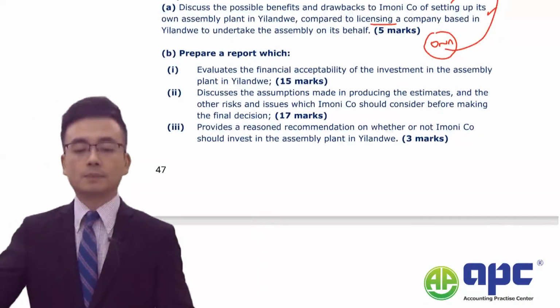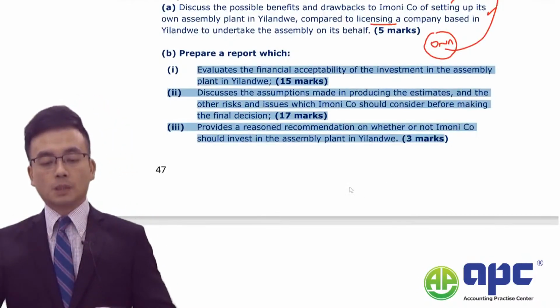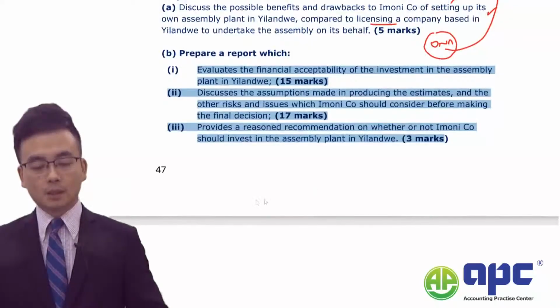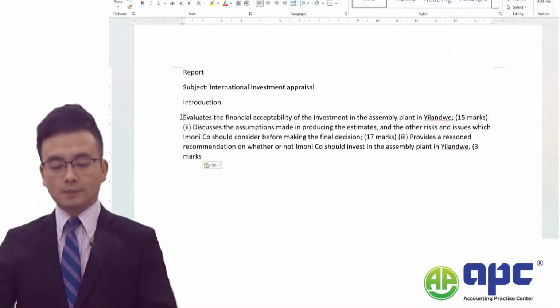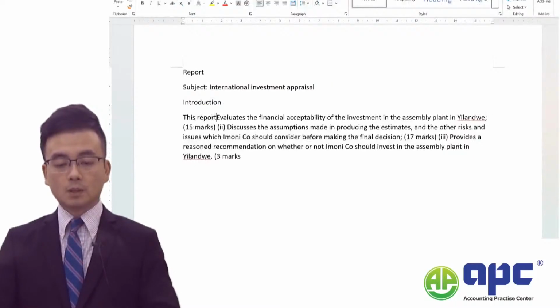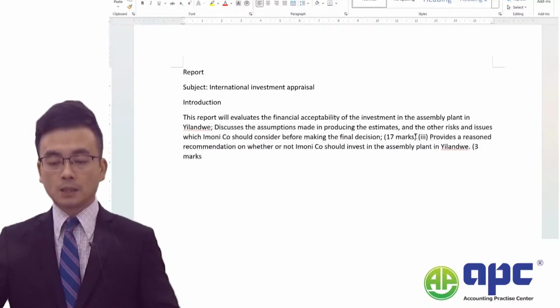All we need is, don't be so clever. You touch the keywords, or you simply copy and paste all of that. So I will say that this report will evaluate blah blah blah, discuss blah blah blah, and then provide blah blah blah, and so on.